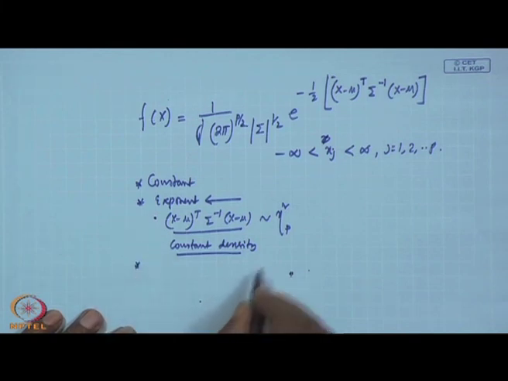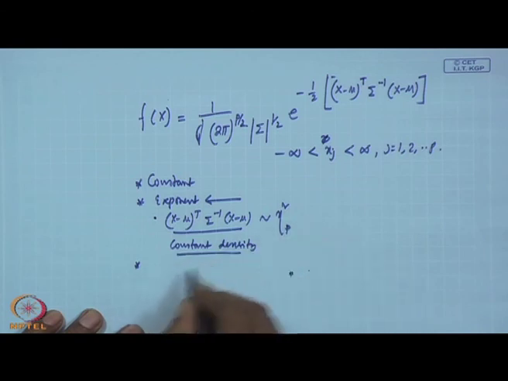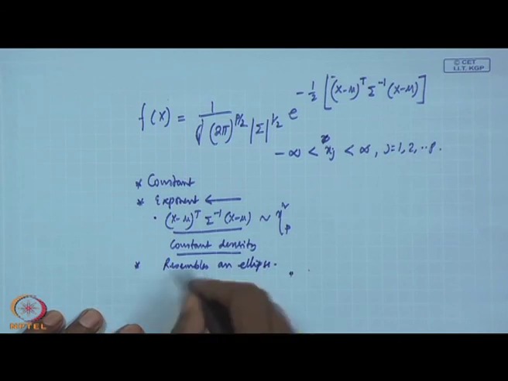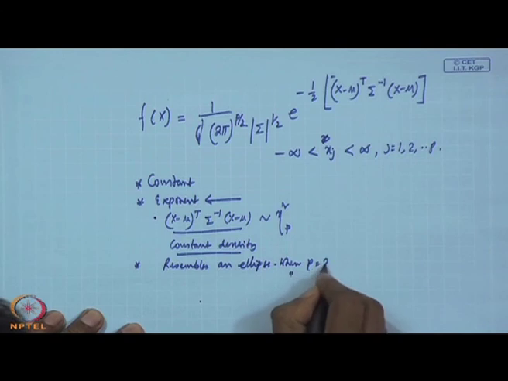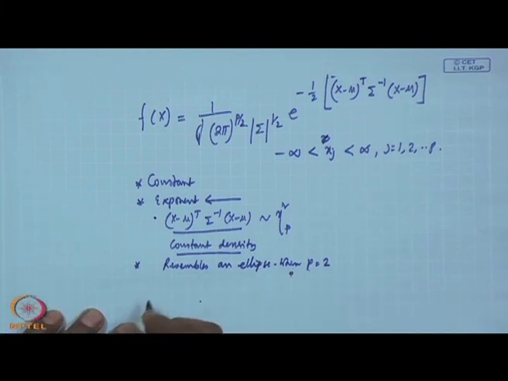Now, in this formula this is chi-square, but this quantity resembles an ellipse. This will be an ellipse when p equal to 2. For more than 2 variables, it will be an ellipsoid.